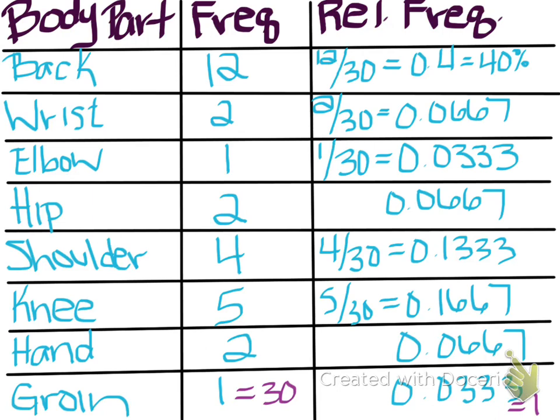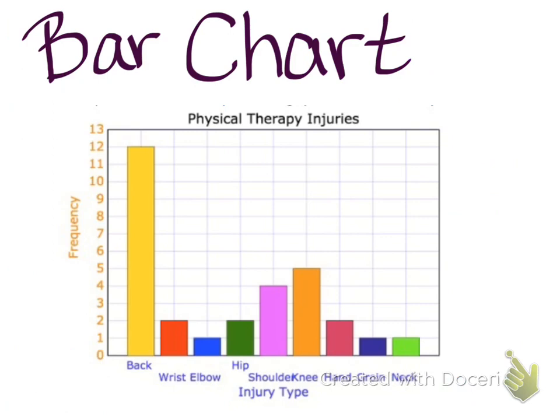So now we're going to look at visual ways to look at our data set. We're going to keep looking at this same data set. So the first thing we have here is a bar chart. So a bar chart is a visual representation of our data. Notice in our bar chart we have the injury types on this horizontal axis and the frequency on the vertical axis, and then we've got each of the injury type names that we saw in our table down here as well.